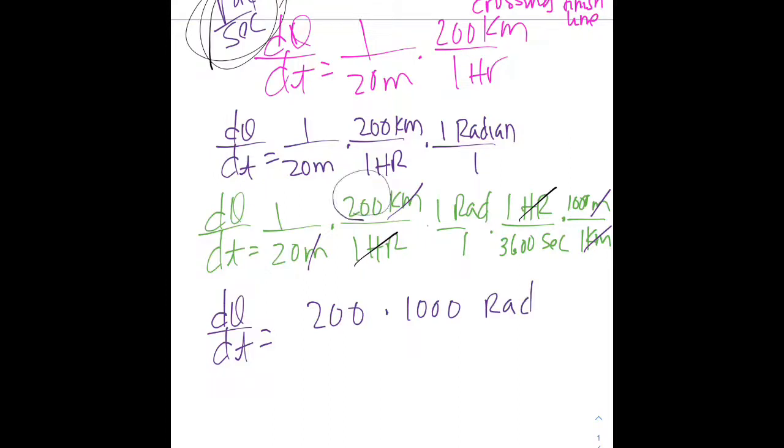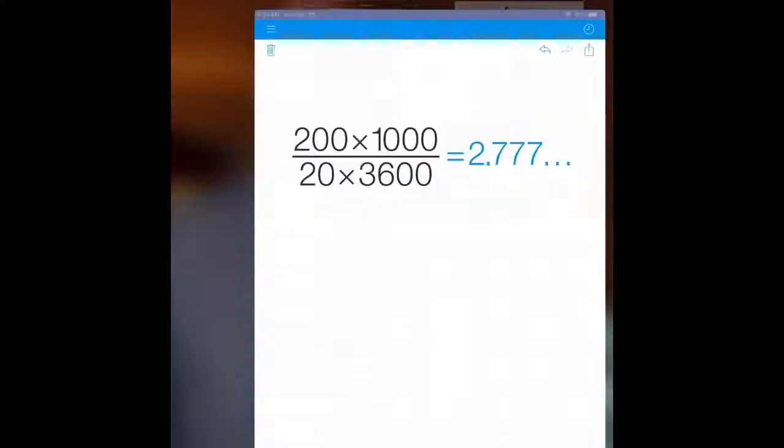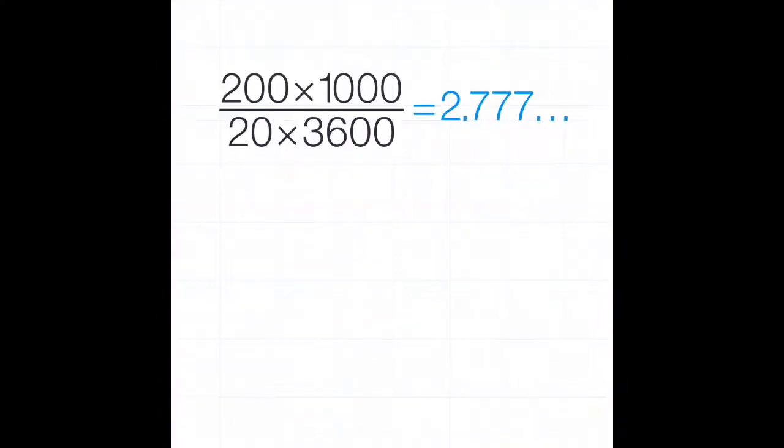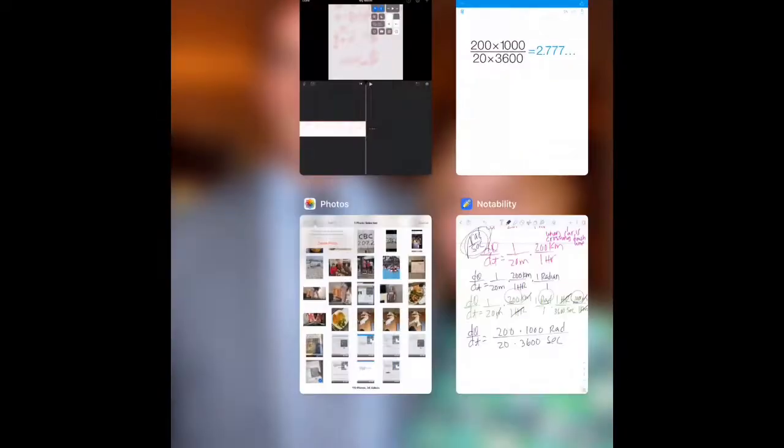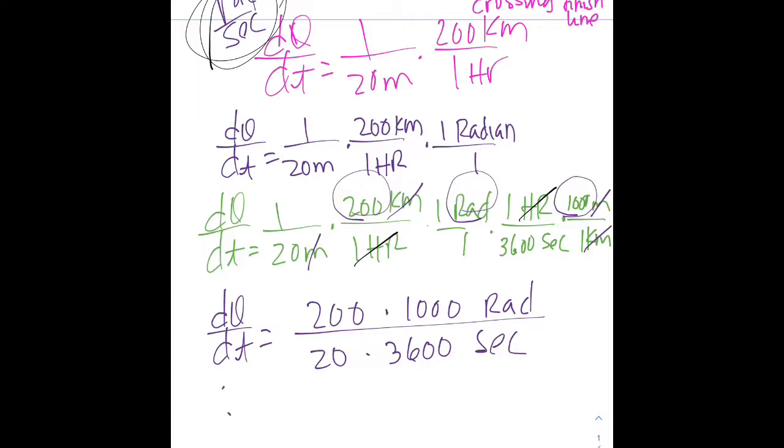That's what I have left up top, all over 20 times 3,600 seconds. And I already went ahead and typed that in. So I have 200 times 1,000 over 20 times 3,600 for my unit analysis. So this means that the angle of the sight of the official as the car crosses the finish line, d theta/dt, is equal to 2.7 radians per second.